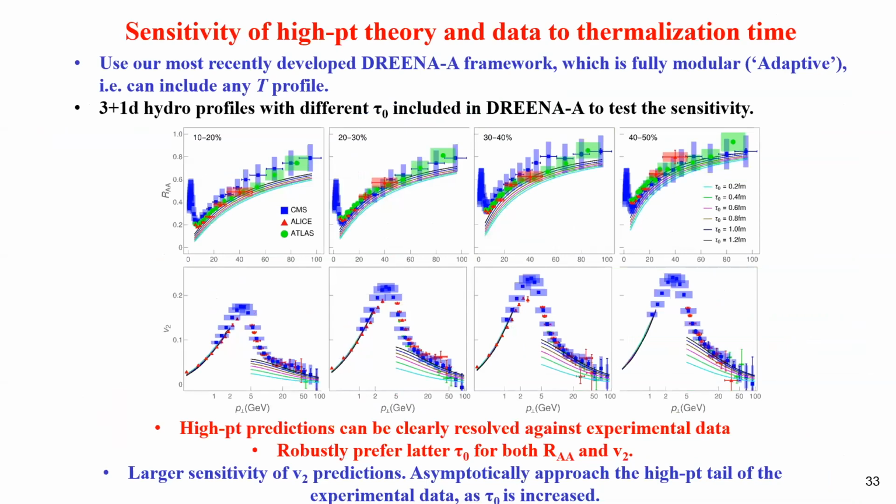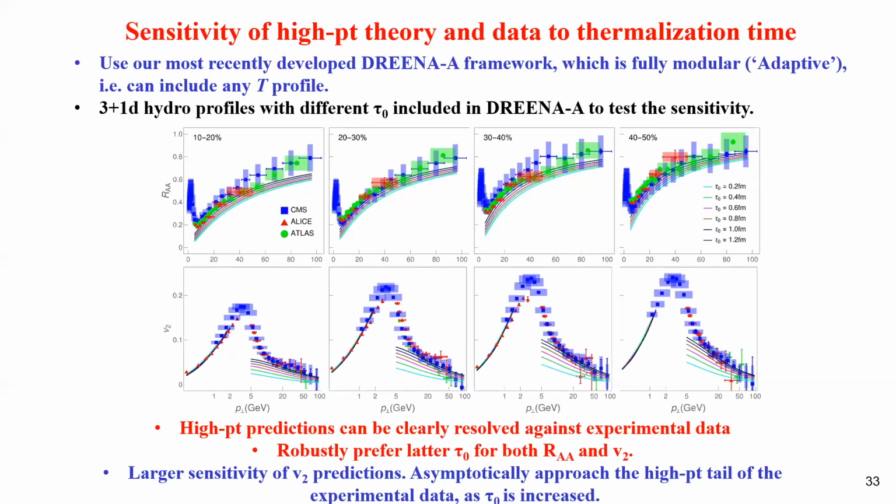And to do this, we used our most recently developed DREENA-A framework, where A stands for adaptive, meaning that this framework is fully modular, and that means that in this framework we can incorporate any temperature profile that we obtain.